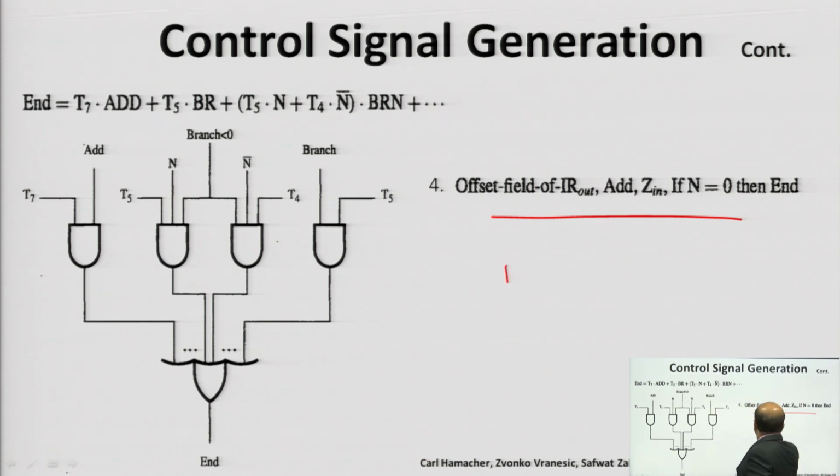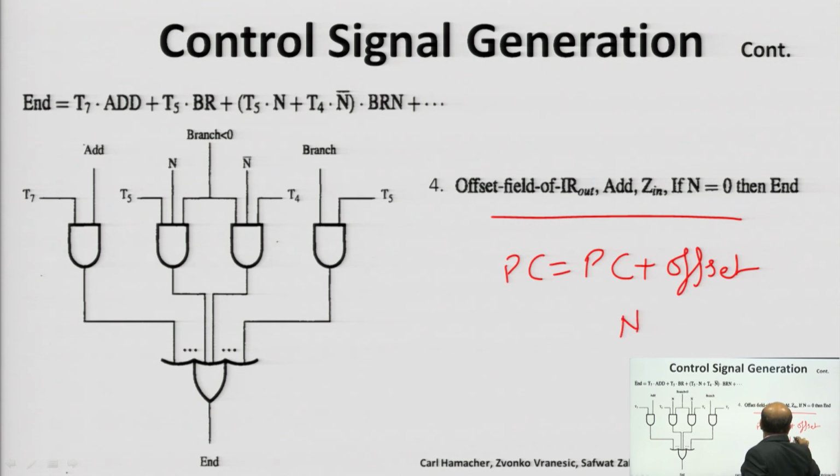That means the PC value is updated with PC plus some offset value. When the negative flag is set, branching happens, and when this condition is not matched, then the End signal is issued. That means jumping to the starting location of instruction execution.